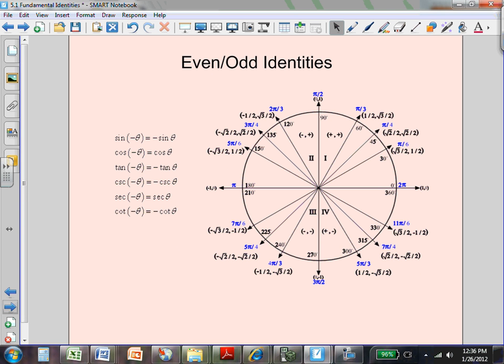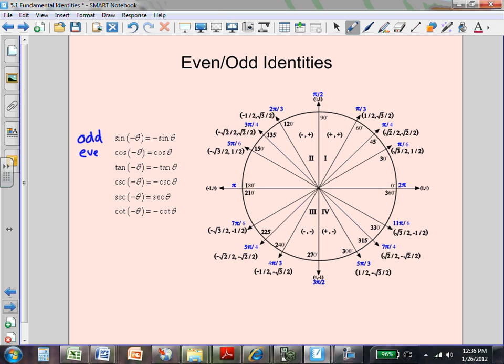Okay. Now let's look at the even and odd identities here. When we started looking at the graphs for sine and for cosine, we found out that the sine function was an odd function. That is, graphically it had a rotational symmetry. Cosine was an even function.